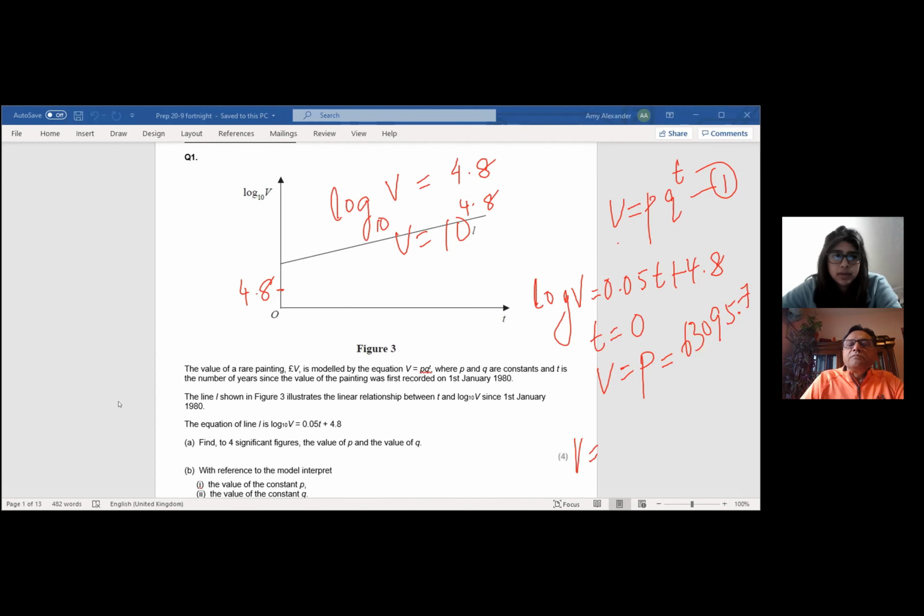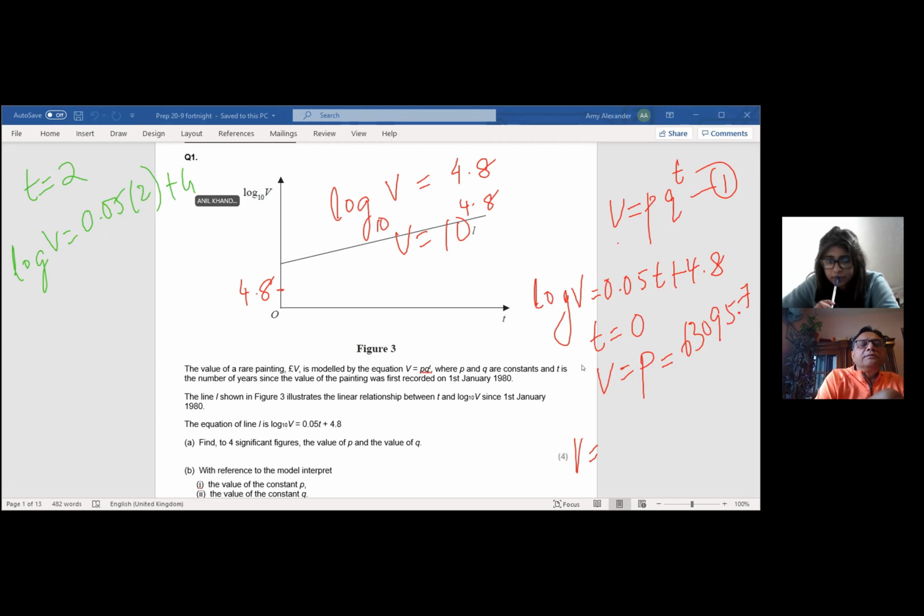Then you can calculate the value of V at T equals 10. Or we can give a value of, let's say, 2 or 3. Let's say T equals 2. If I put T equals 2, I get log of V equals 0.05 times 2 plus 4.8, correct?